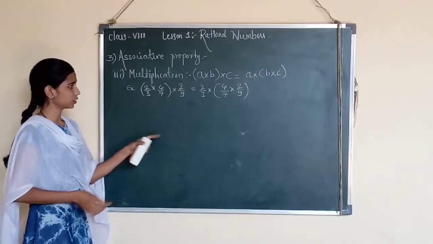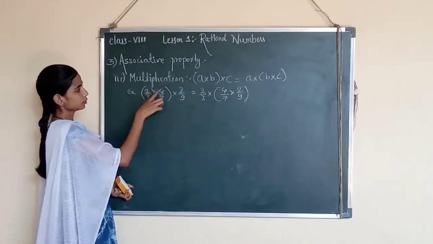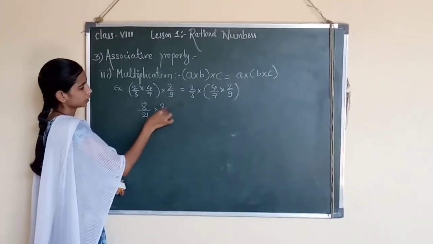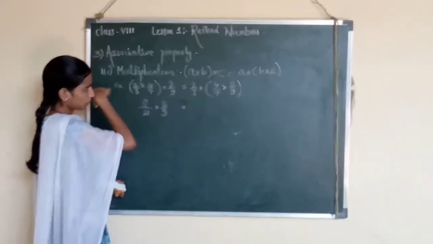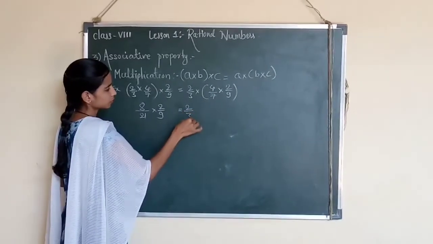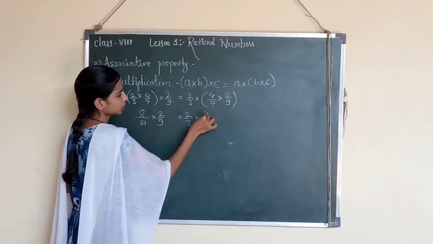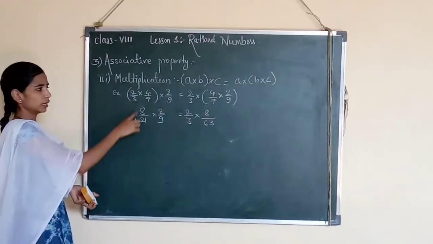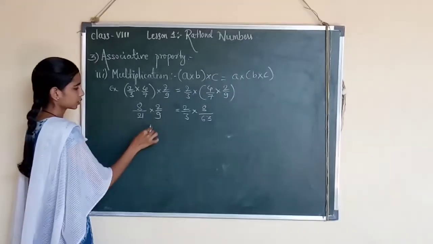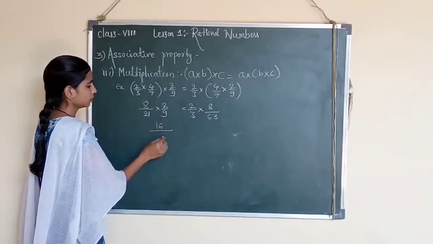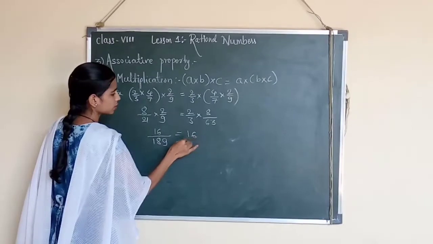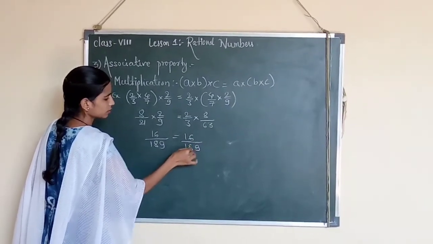First we will solve LHS. Now you can see 2 4s are 8 and 3 7s are 21, into 2/9. Now 2/3 into 4 2s are 8, 7 9s are 63. Okay. Now 8 2s are 16. Next 9 1s are 9, 9 2s are 18. 2 8s are 16, 3 3s are 9, 3 6s are 18.